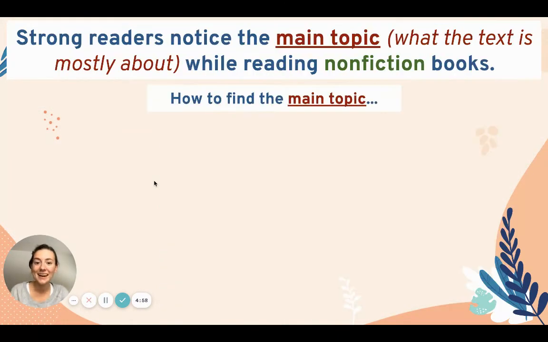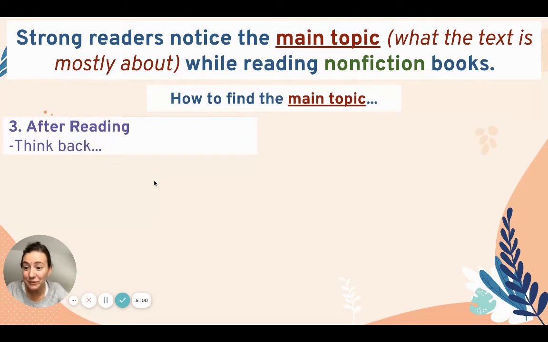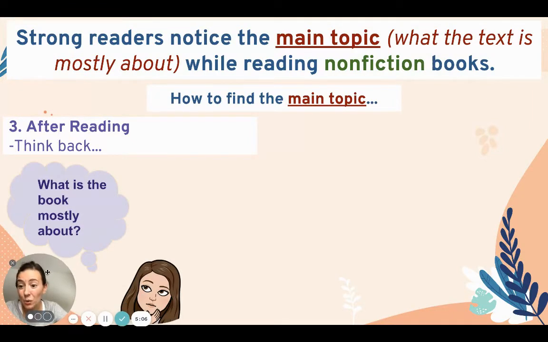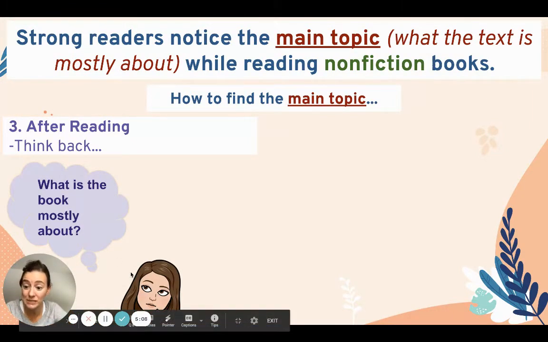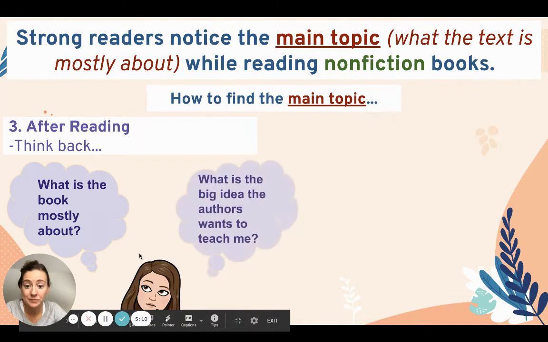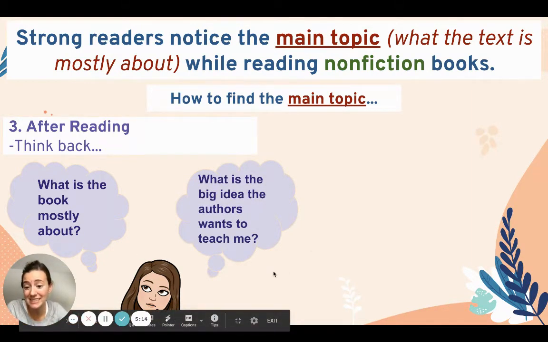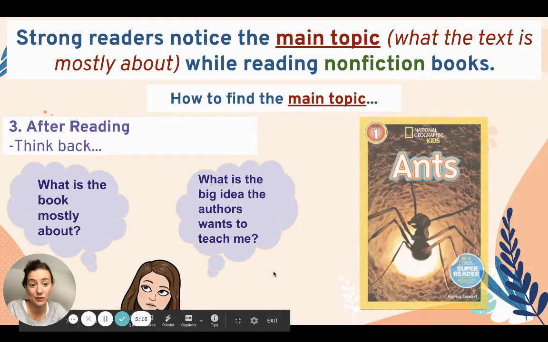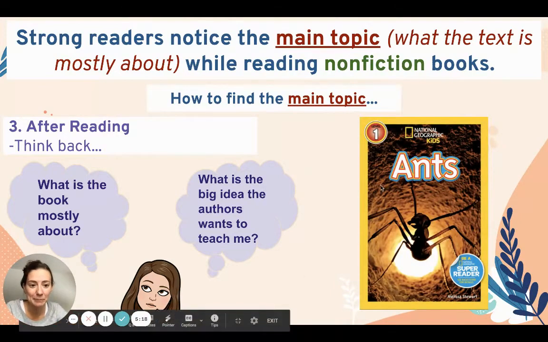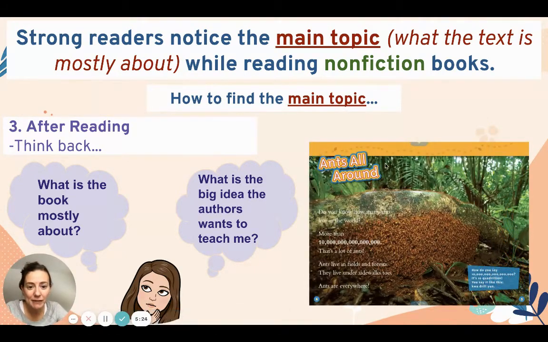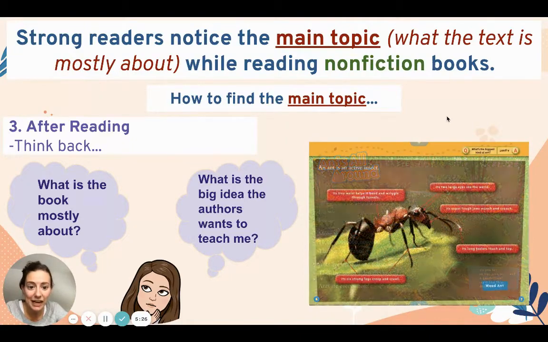All right, now that we're done reading, we have to think back, okay? We have to think, what is the book mostly about? And what is the big idea the author wants to teach us? Okay, let's think back. Remember that cover page in the title? Remember we read about ants all around, how ants are everywhere.